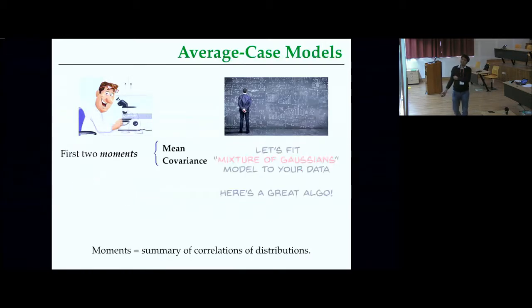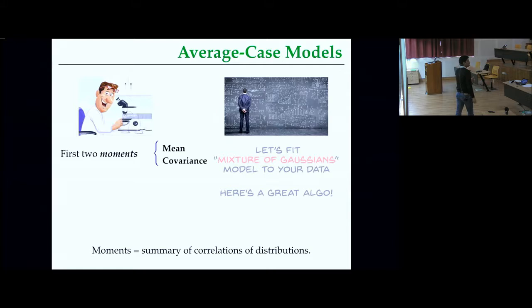So this algorithm is based on what are called moments of data, and you saw a couple examples already in Piyush's talk. So if you have some data generated according to some probability distribution, the first moment of the data is just the mean vector of the data. The second moment, we usually call the covariance. It basically encodes pairwise correlations, and for each pair, the expression is what Piyush already wrote down there on the board.